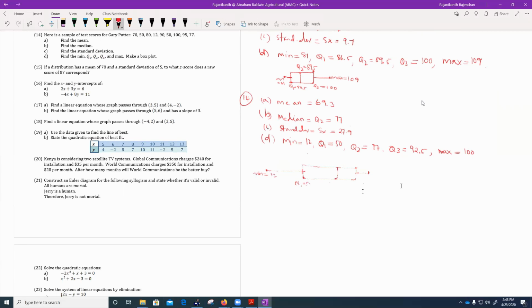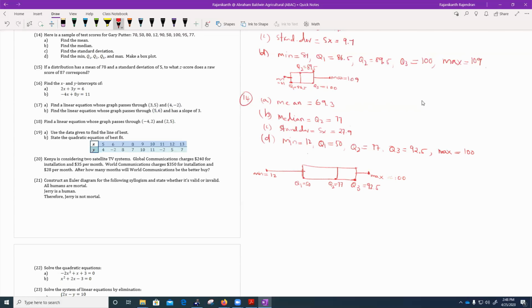This point is my Q2 median, that is 77, and this is my Q3, which is 92.5, and this is my maximum point, which I got 100. So my box plot for this problem is this.